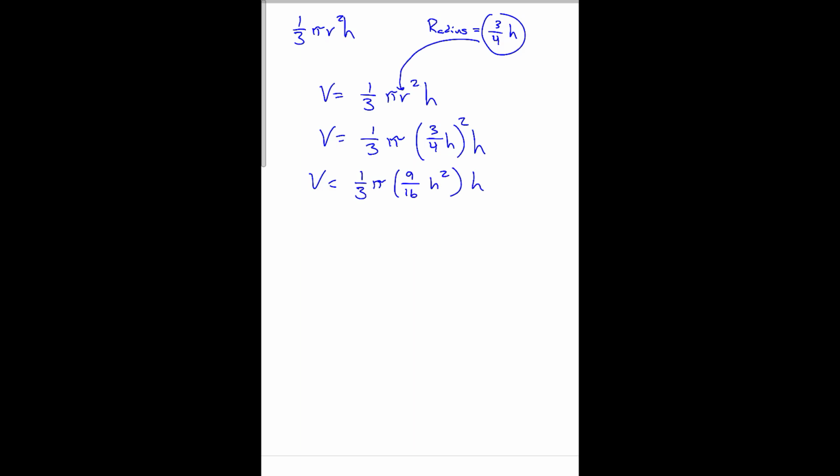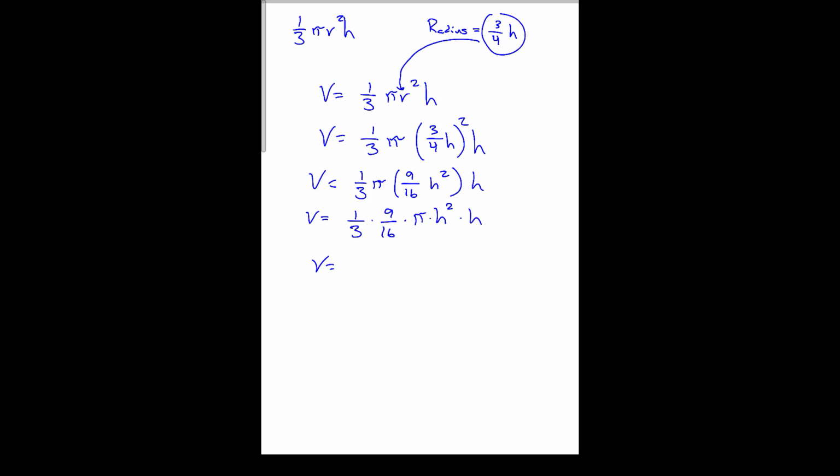So if you want to, you can actually lose the parentheses and start rearranging everything because it's all multiplication. So this would be 1/3 times 9/16 times pi times h squared times h. All right, so we have 1/3 times 9/16.